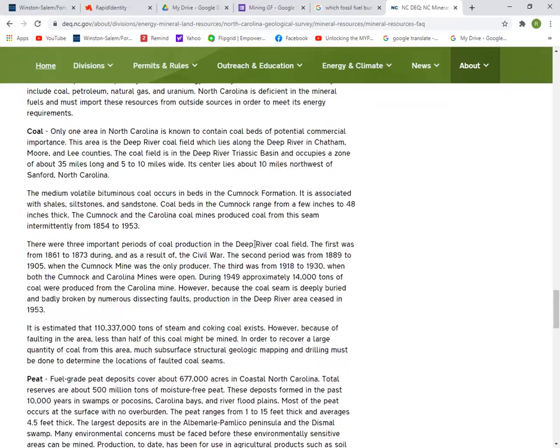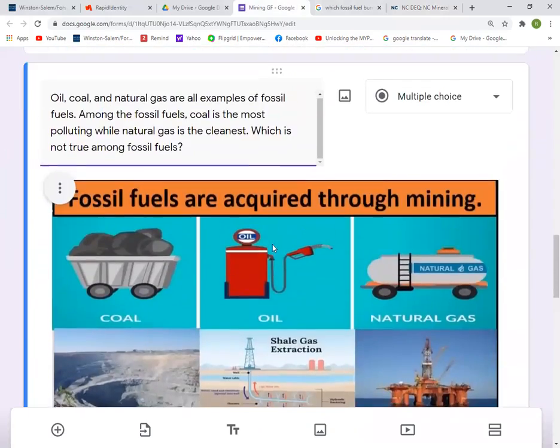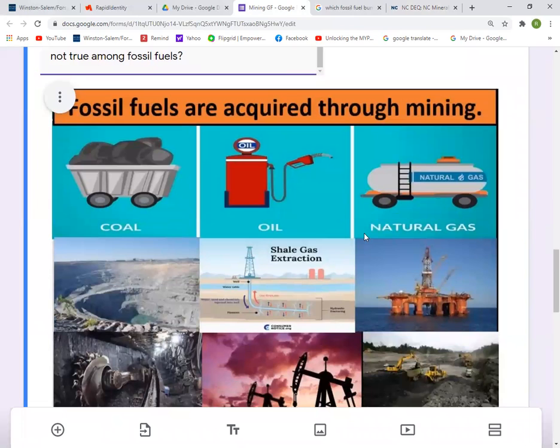But one thing that we need to remember is that we need mining in order for us to have energy sources and materials for the things that we do, for the materials that we need in order to do our day-to-day activities. But remember, mining only becomes bad when people don't care about the environment.